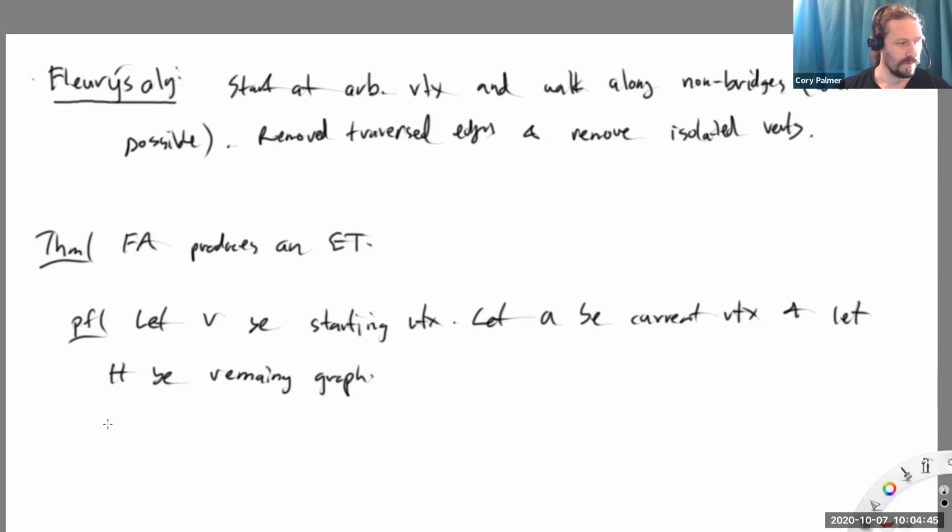Okay, so first I want to make a little observation here. So first of all, the graph that we're starting with was connected, and all degrees were even, right? To have a chance of having an Euler tour, those two things had to be true.